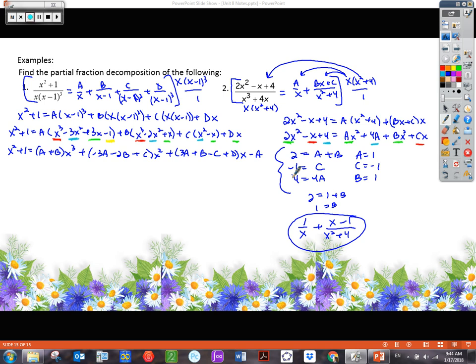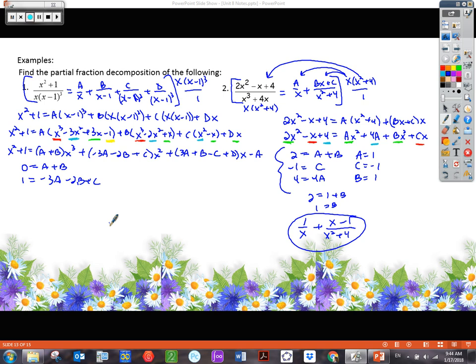Okay. So now we're going to set up our system of equations. I kind of already have it started for us. This one is x cubed. Do we have an x cubed over here? We don't, so what would its coefficient be? It would be 0. So 0 equals a plus b. That's my first equation for my system. Now, what about the x squared coefficients? I do have an x squared on the left. It's 1 equals, and my x squared would be negative 3a minus 2b plus c.